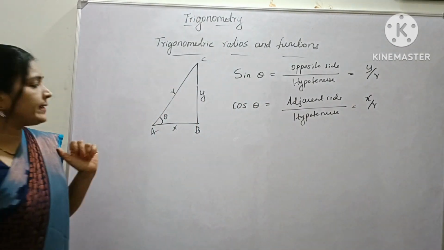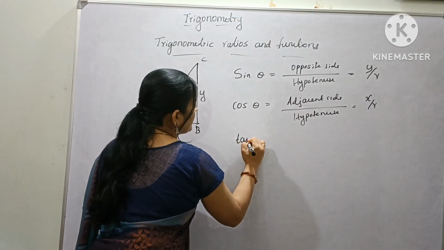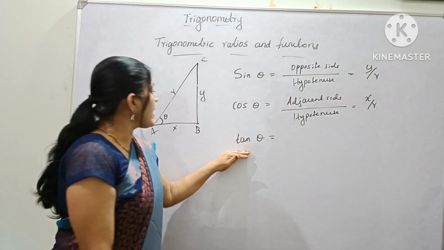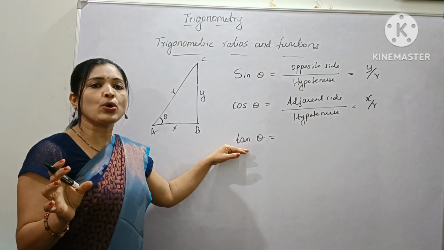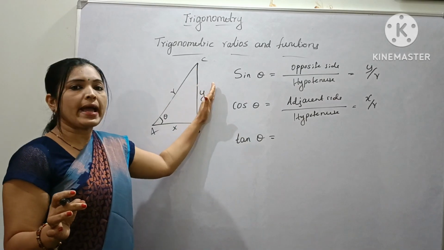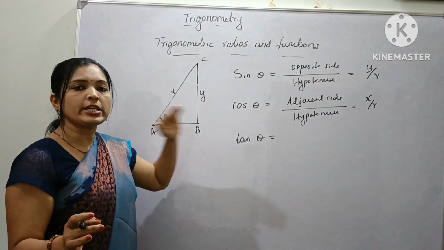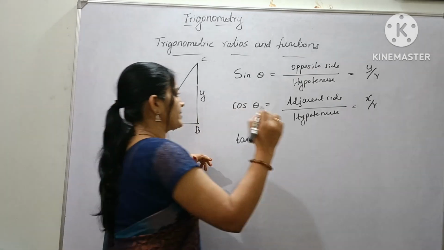Next one, tan theta. Tan, or tangent, is the ratio of opposite side and adjacent side, that is, opposite side divided by adjacent side.